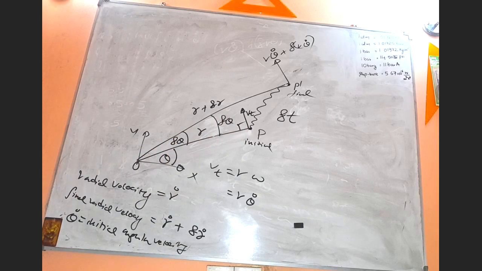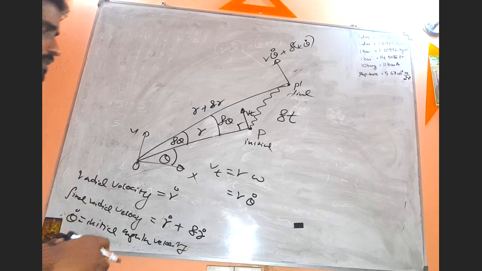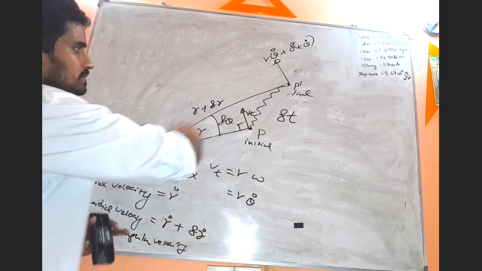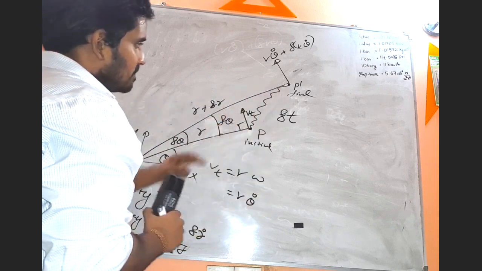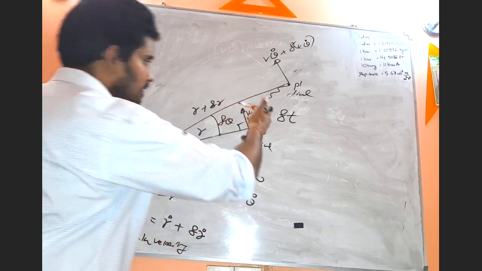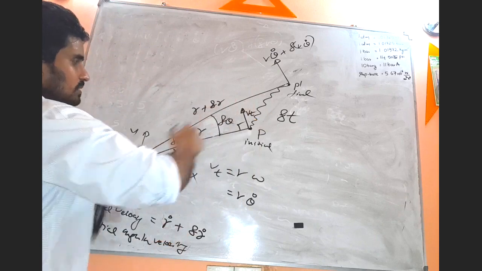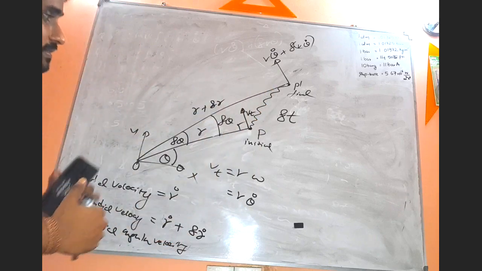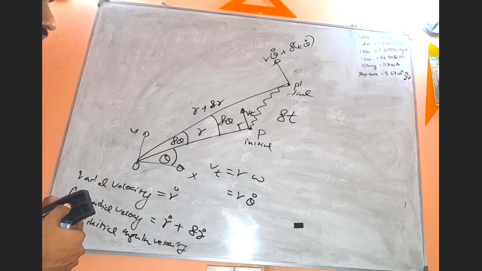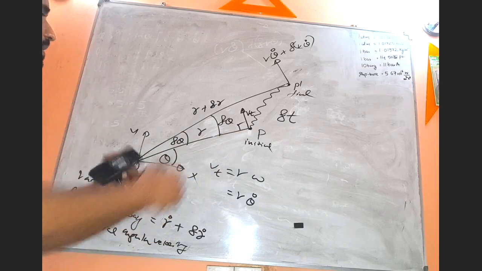Now we are going to do some construction for the betterment of our calculations. Let's make a line that passes through the final position, parallel to the initial line, or parallel to the initial radius.